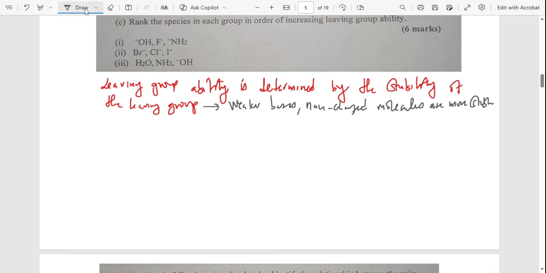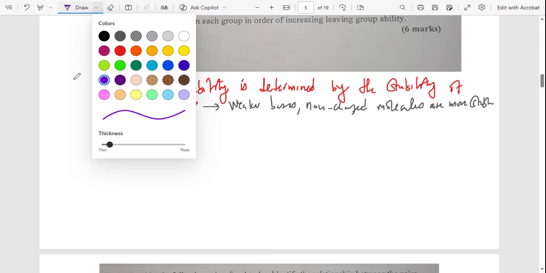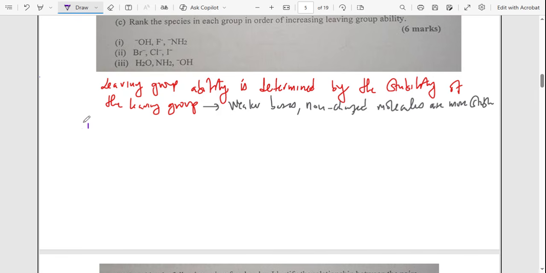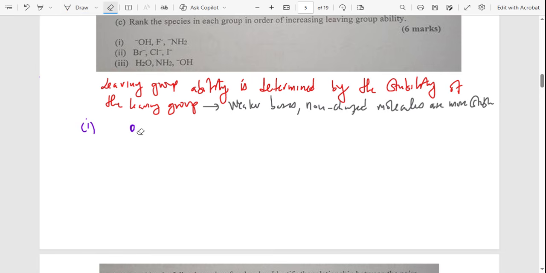So when you look at the first question for I, you have got OH, fluorine, and nitrogen. You are comparing atoms that are in the same period, that is period 2. Basically what we are doing is we are going across the periodic table.